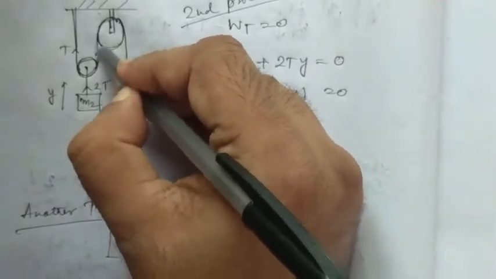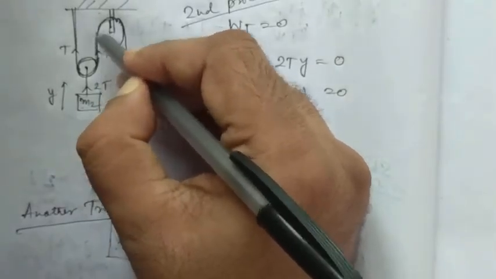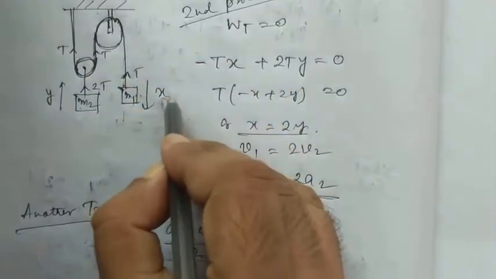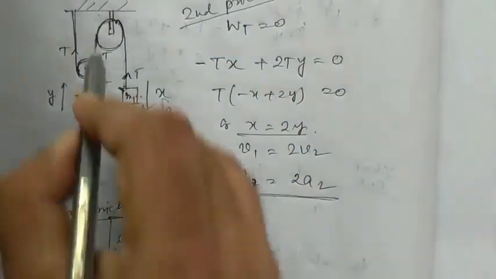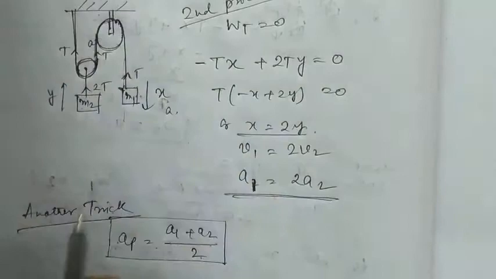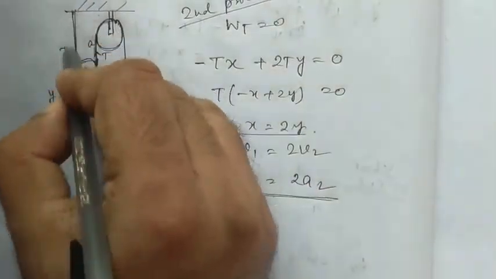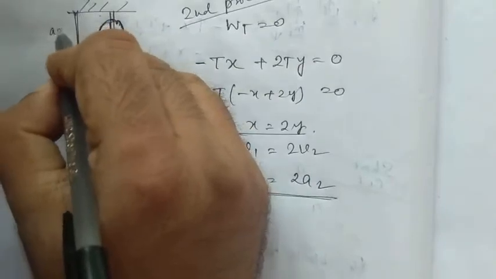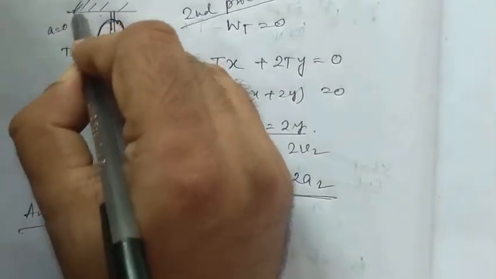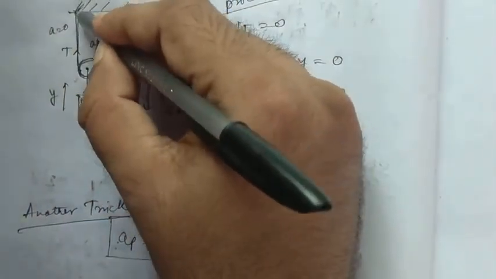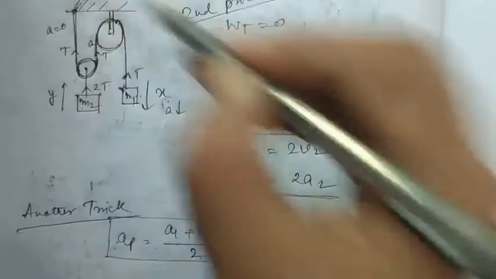This part of the rope moves upwards with acceleration a. This is downward a, this is upward a. And in this part, acceleration is equal to 0 because this is a fixed part. The rope is fixed here, so there will be no acceleration.